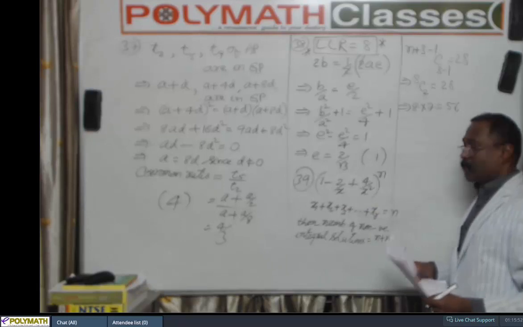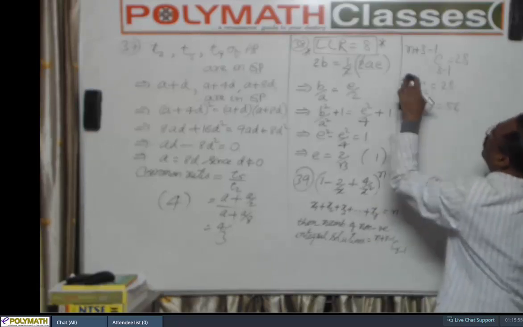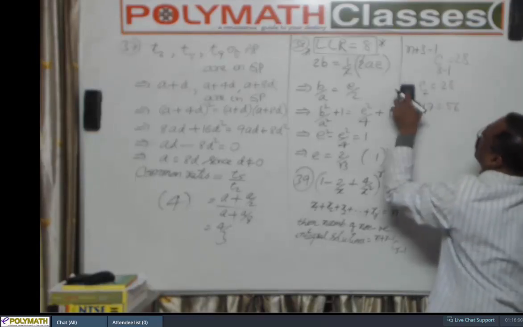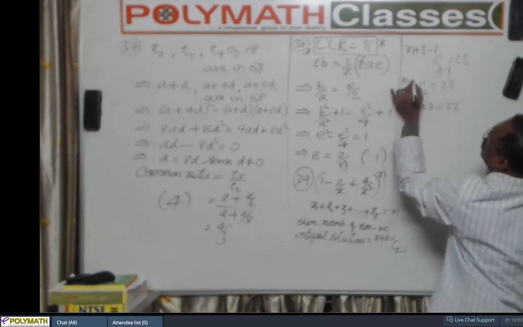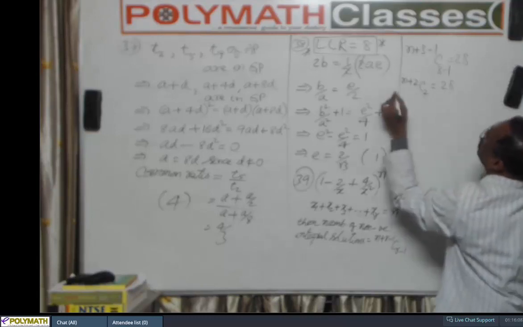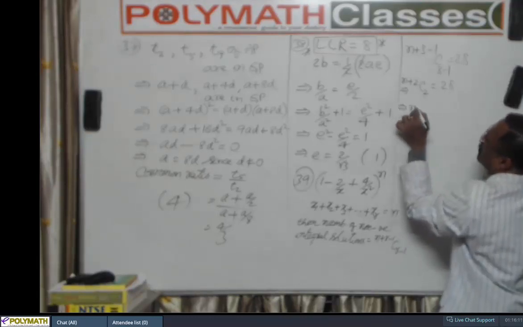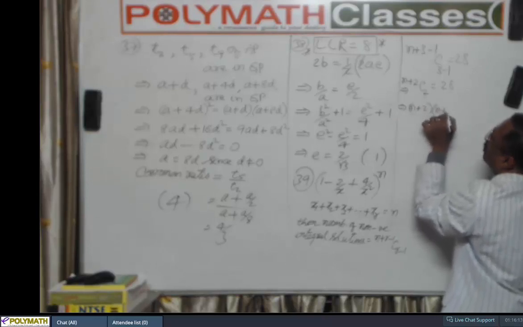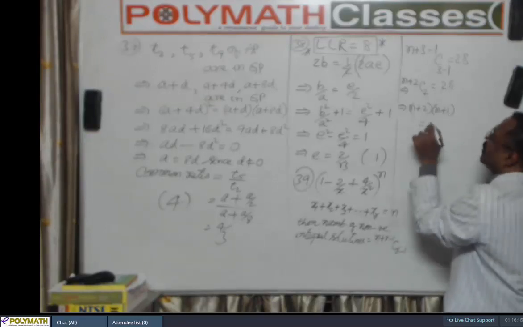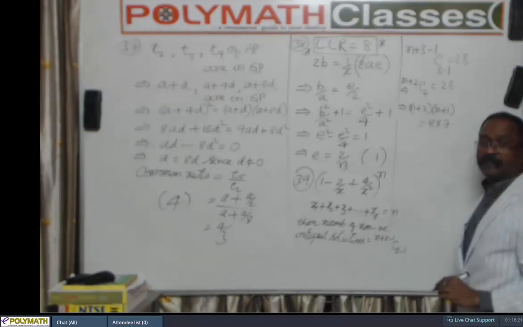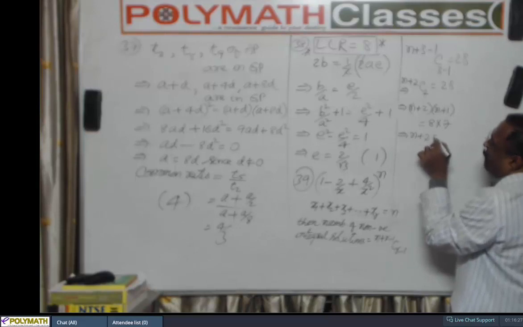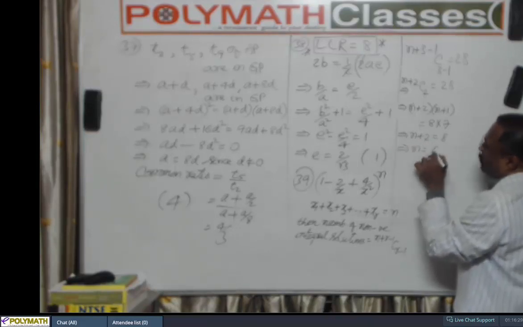They must be different. So this is (n + 2)C2, which is nothing but (n + 2)(n + 1) = 28 into 2 = 56. 56 is nothing but 8 into 7. These are consecutive factors. So n + 2 = 8, n = 6.